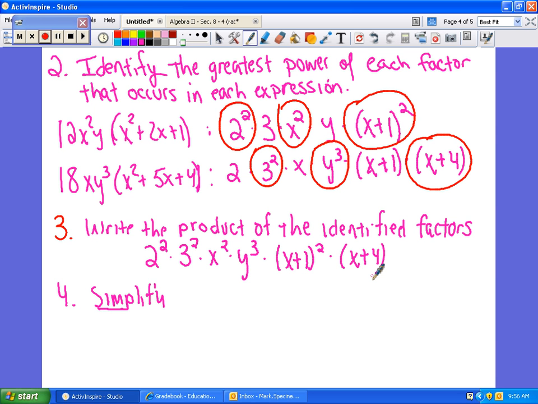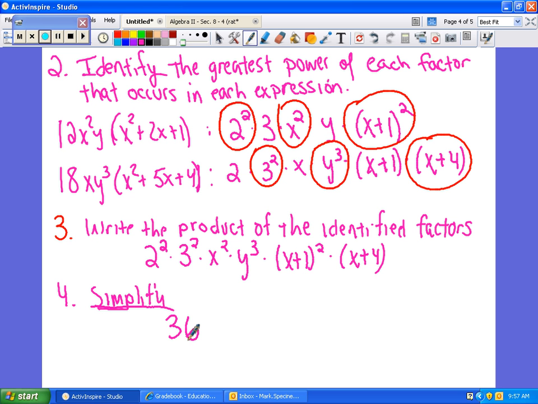Okay, so the last step is to simplify. In other words, and that really relates to numbers only, you're now going to multiply those numbers together. So you're going to do 2 squared, which is 4, times 3 squared, which is 9. 4 times 9 gives me 36.